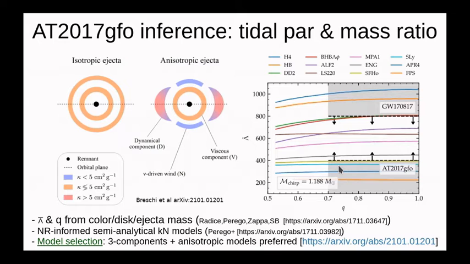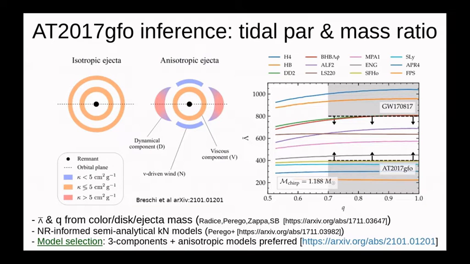And this bound happens to be complementary to the weakest bound that you can find from the gravitational wave information. So here we have performed some Bayesian analysis of kilonova data, and what we use is a numerical relativity informed semi-analytical model due to Perego, a framework that allows us to explore different components and different geometrical effects.